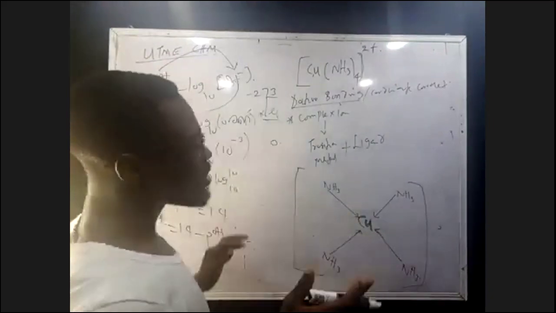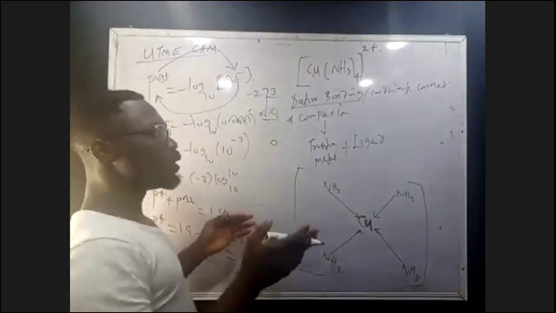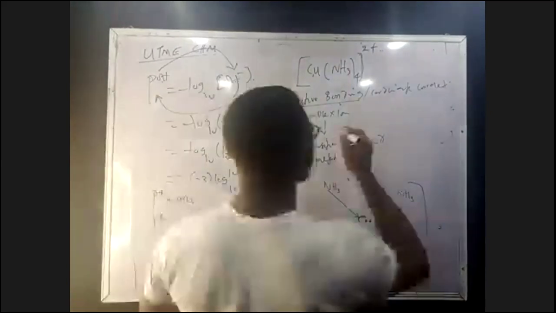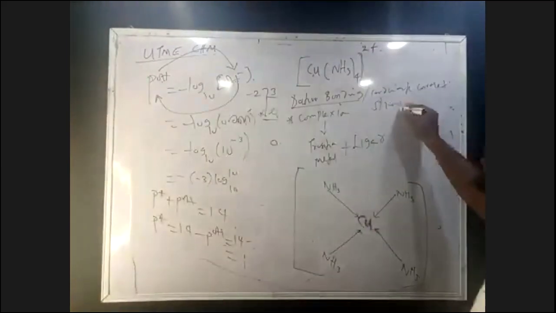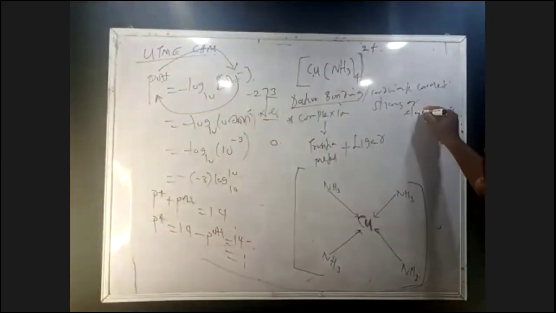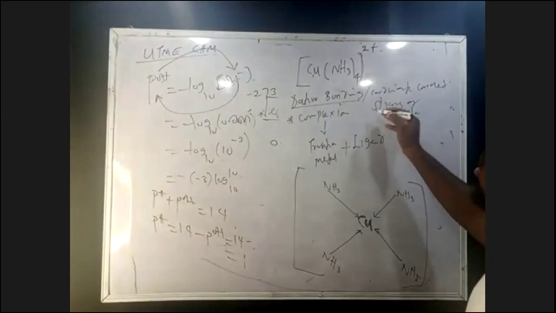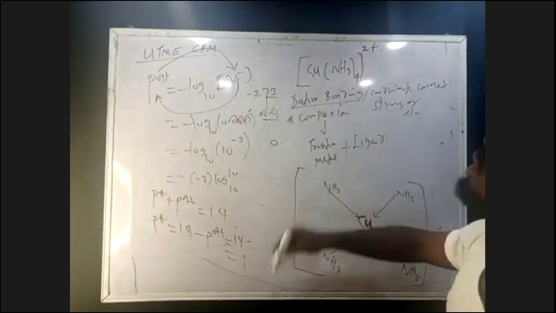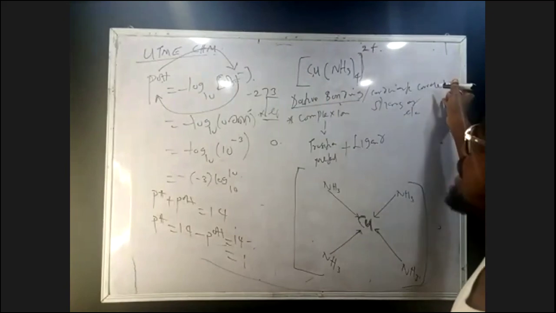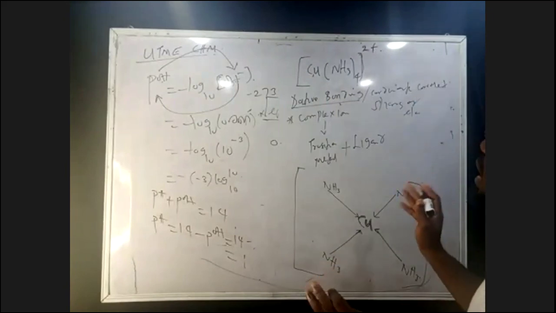It is just your normal covalent bonding. Don't forget, the basis of covalent bonding is the sharing of electron. But what is the difference between your normal covalent bonding and coordinate covalent? The difference is not far-fetched.